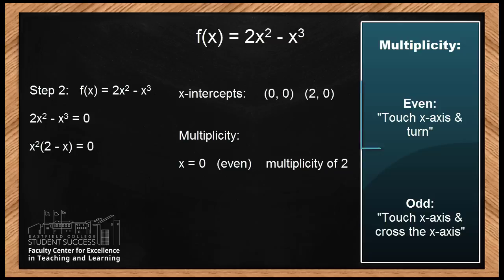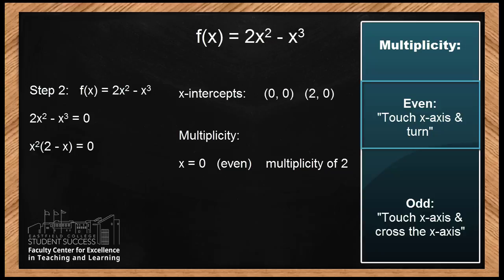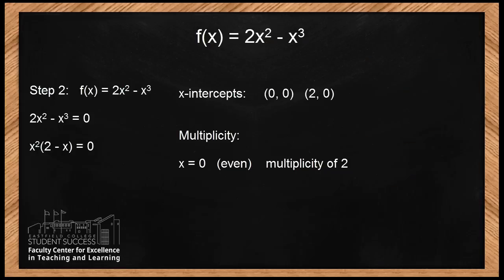Okay, let's go back to our little rules for multiplicity. If we have an even root of multiplicity, the function at that root will touch and turn. That means it will touch the x-axis at that root and then go back where it came from. It will not cross the x-axis. In our problem, at (0, 0), the graph will touch and turn on the x-axis.